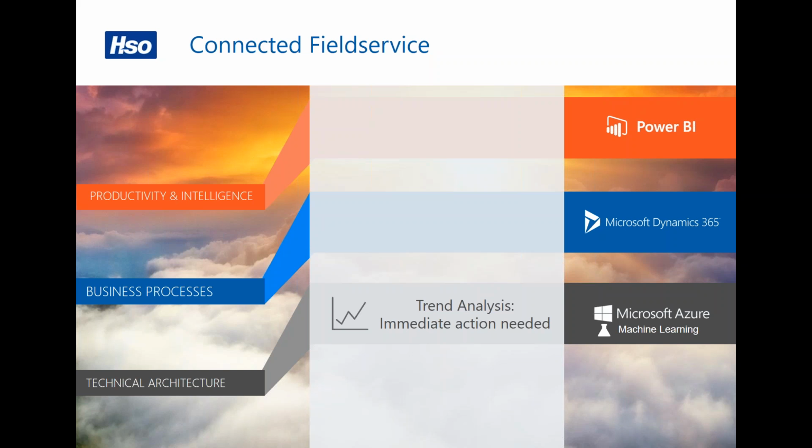But in this case, there is immediate action needed, so there's an incident going on, the air conditioning will stop working within an hour. That's what the trend analysis is reporting to us.